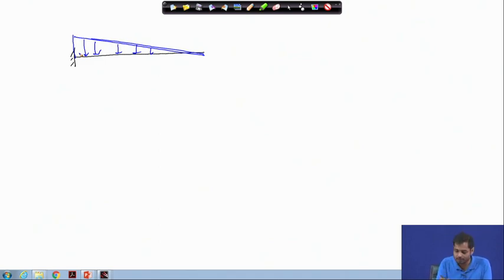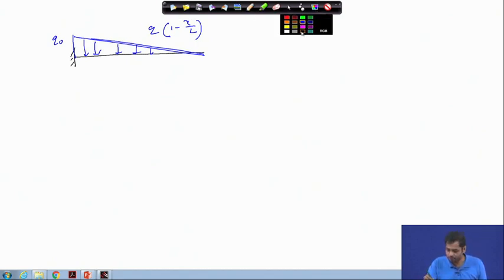So, what is the load? This is q0, this is q0. So, q is essentially q0 times 1 minus x by L, right. Now, if q is this, then what will be Fs? Fs will be the force term, the Fs term, because it is a surface load.